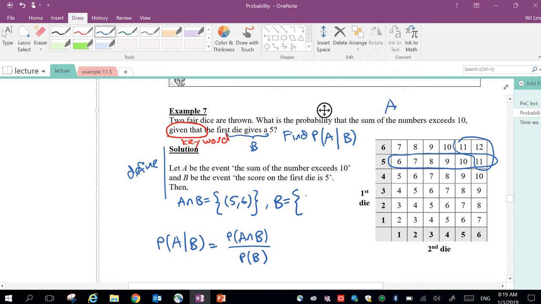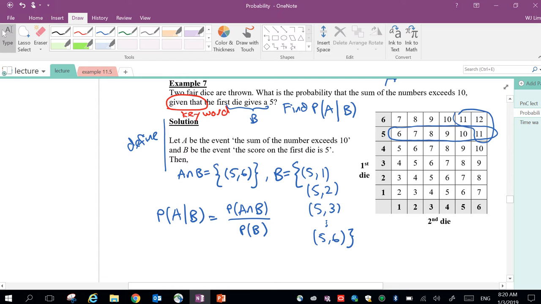So if the first die is 5, the second die can be 1, 2, 3, and so on until 6, which I circled horizontally.